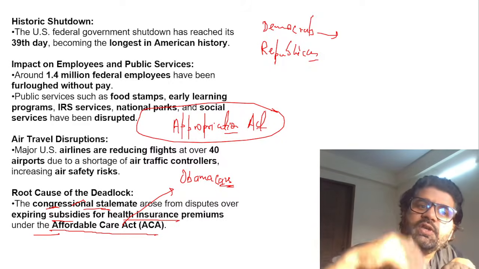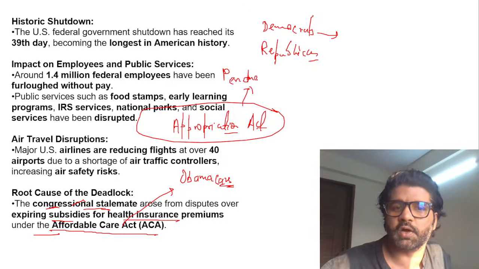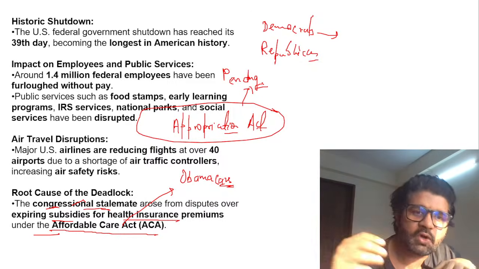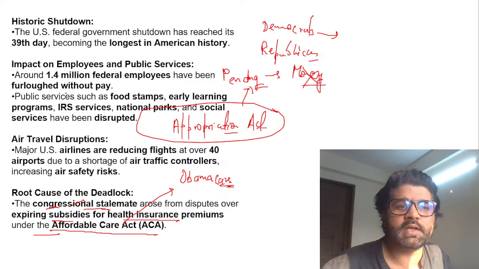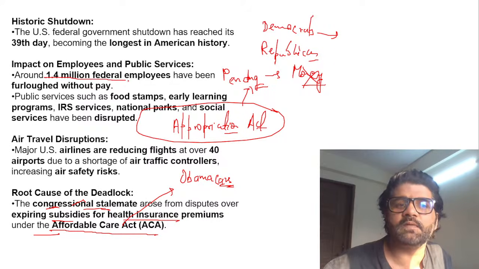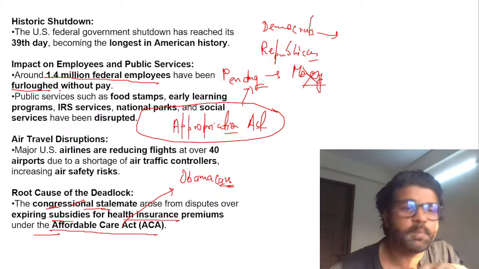The appropriation bills are in a pending stage in the US Congress. They are not getting passed, because of which money is not getting released, and because there is no money, there are 1.4 million federal employees who have been furloughed. Furloughed means they are not getting their pay right now.